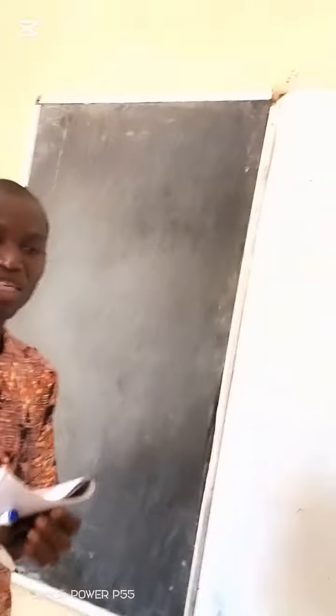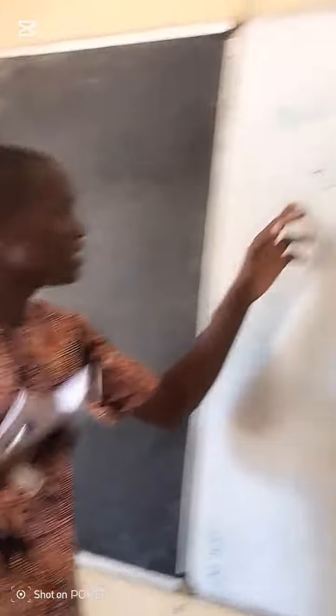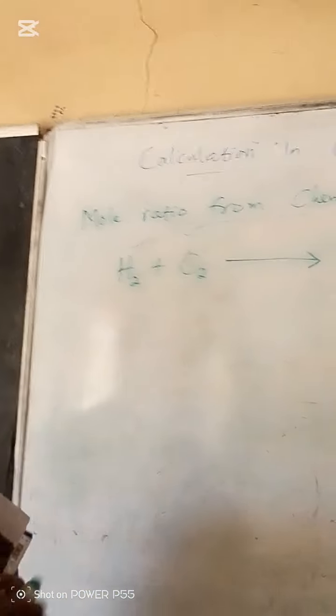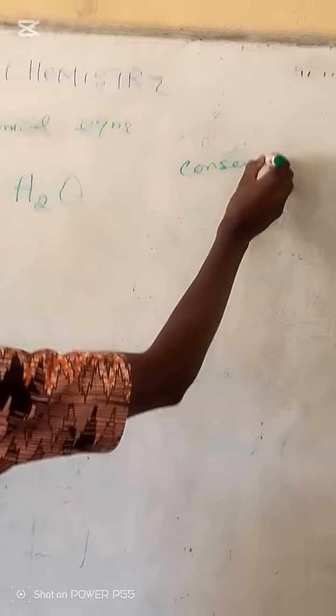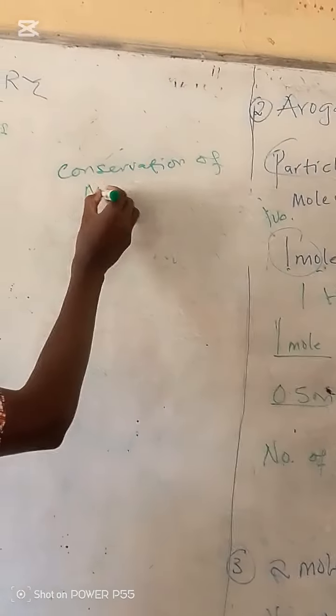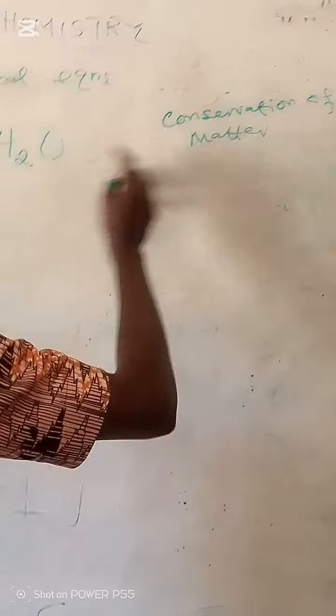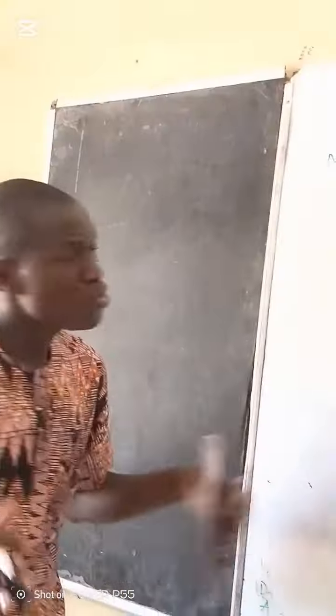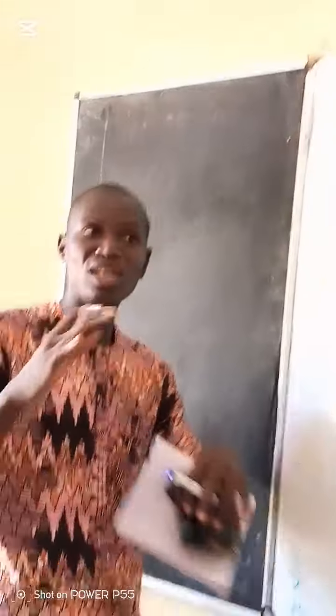When we are talking about chemical equations, I have already said yesterday that we are trying to obey the law of conservation of mass, which says matter can neither be created nor destroyed, but can only be transformed from one form to another.